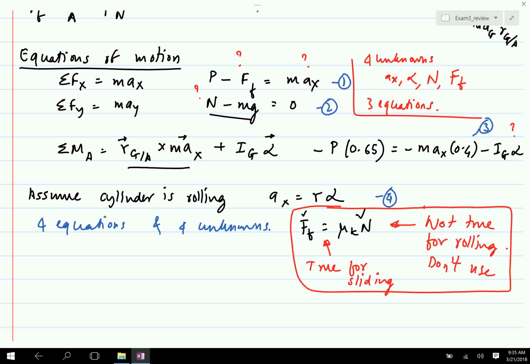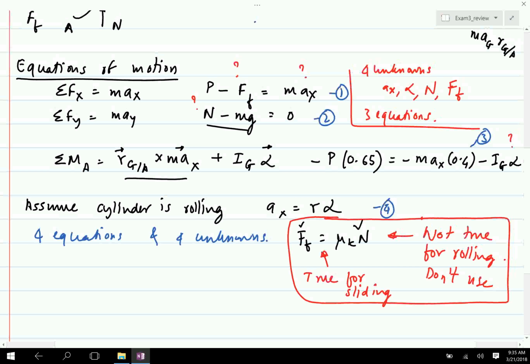Question: when you did the moment about A, do we know if you can use the parallel axis theorem? Okay, so you can use the parallel axis theorem provided it is rolling. What you're trying to say is, if you look at this carefully, it automatically comes out to be IG plus M R square times alpha, right?